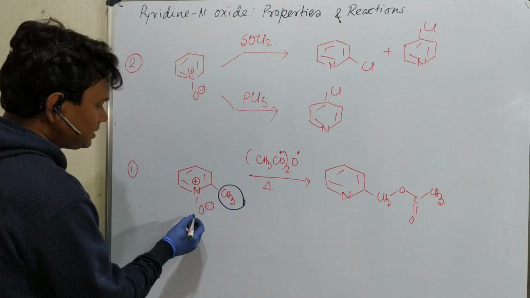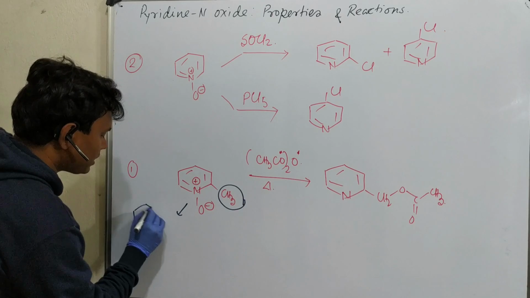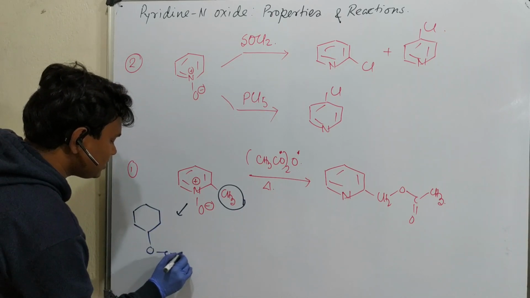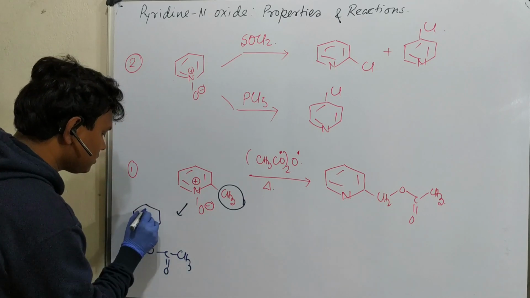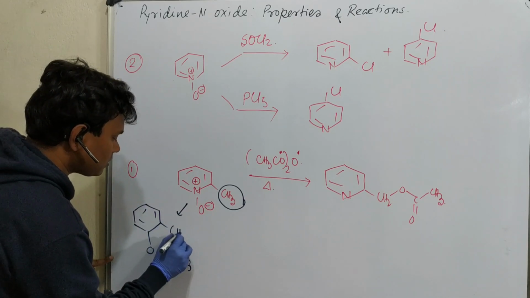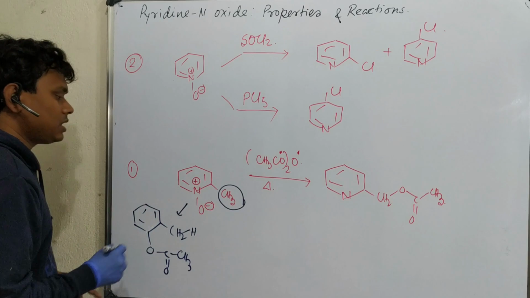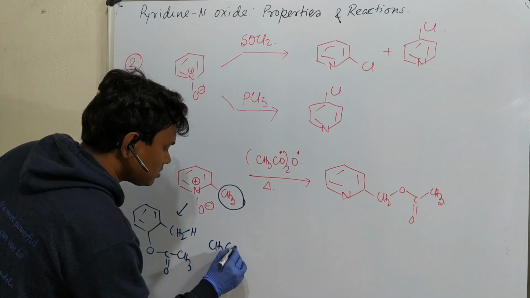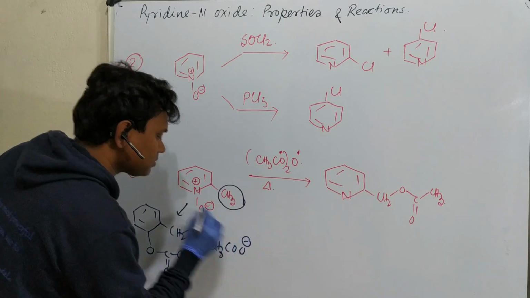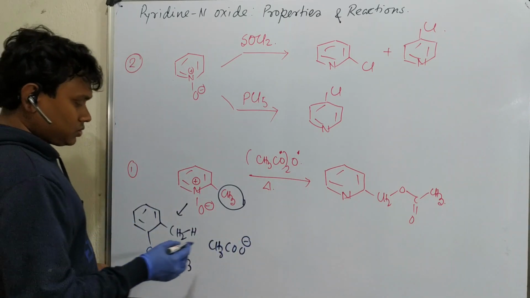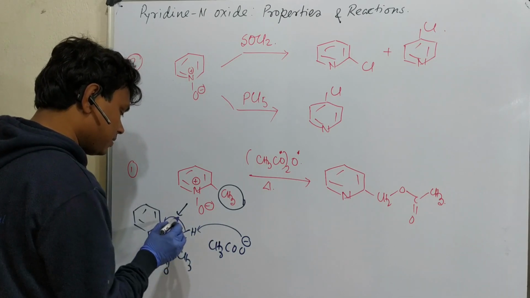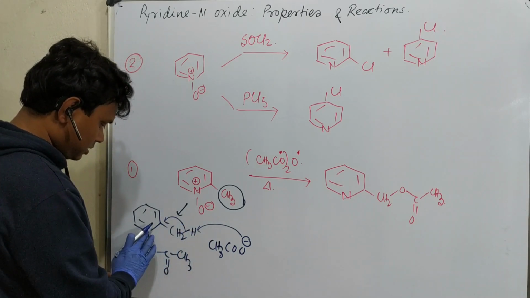First, what is expected is that it will be converted into the acetyl derivative, OCOCH3. There is a methyl. Let's draw it in this way. In the next step, in the medium there is CH3COO minus. So that O minus you can expect will attack here. Sorry, there must be nitrogen.